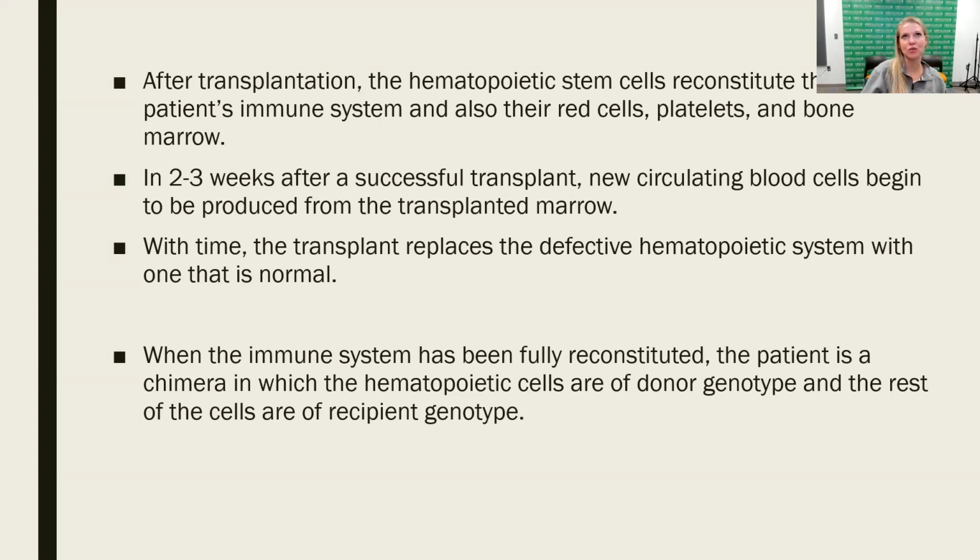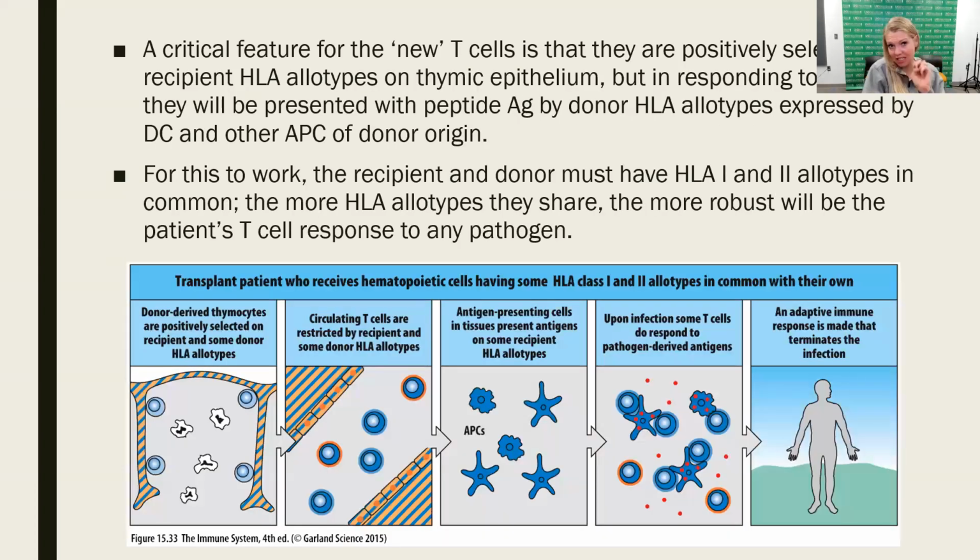And so we have this weird situation where the new T cells have to recognize MHC on the recipient's self cells. So we have the recipient's antigen presenting cells with the original genetic profile, but a whole brand new set of T cells with the donor's genetic profile.